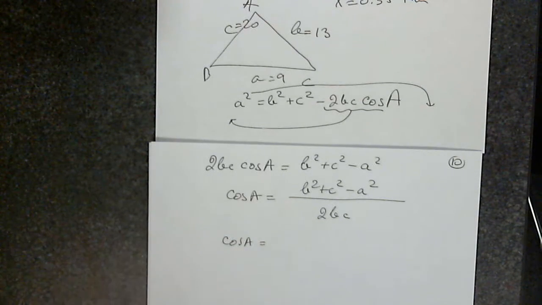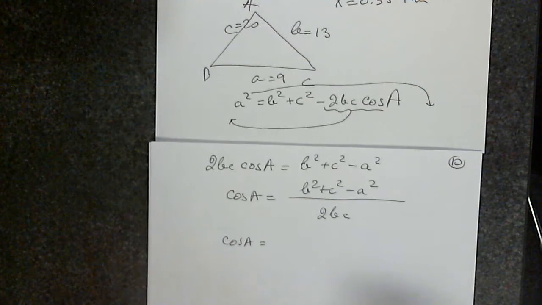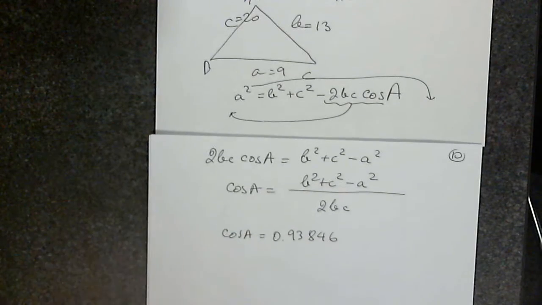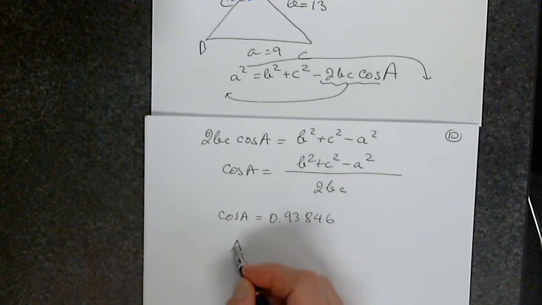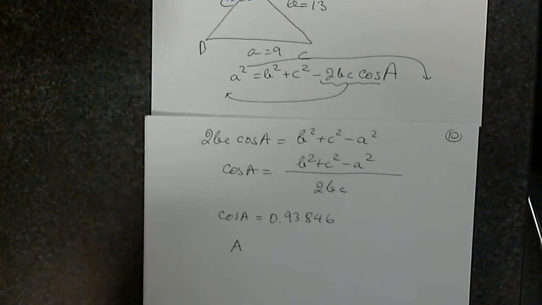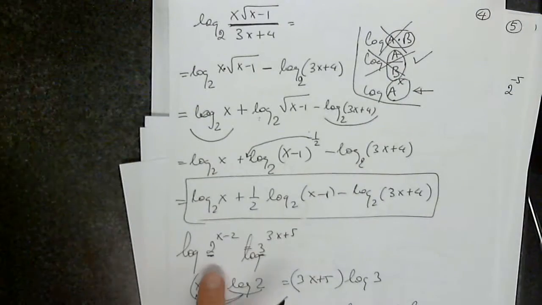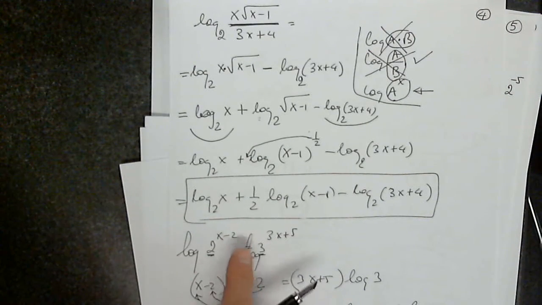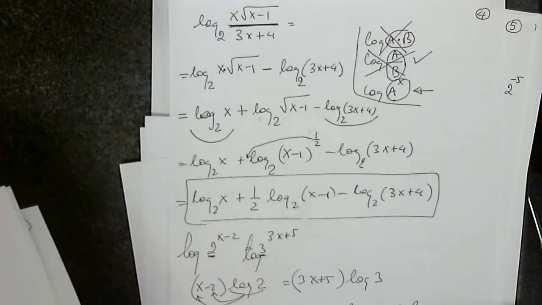And I'll tell you what I got after I plugged it in. I got 0.93846. But in order to find A, I have to apply a function to both sides. Exactly. And this is exactly what we did several times here. We apply the inverse function. The inverse function that allows me to bring down the power.